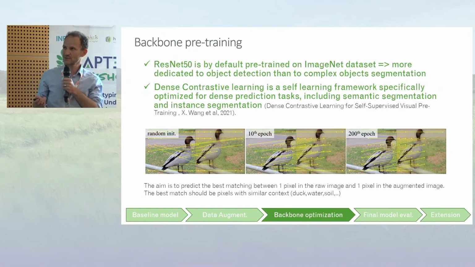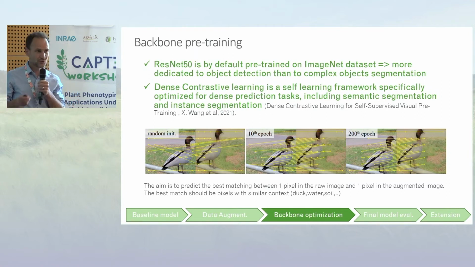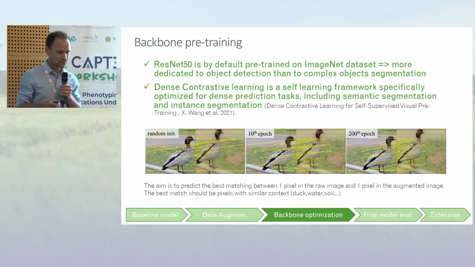So the idea was to pre-train this backbone on data sets that are more similar to what we will see. We do not have ducks, but the ducks were the example of this publication to use self-supervised pre-training as a solution to optimize the backbone.